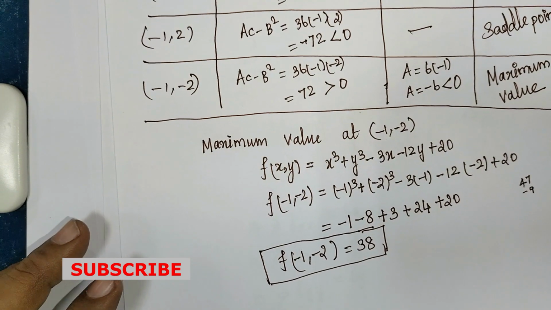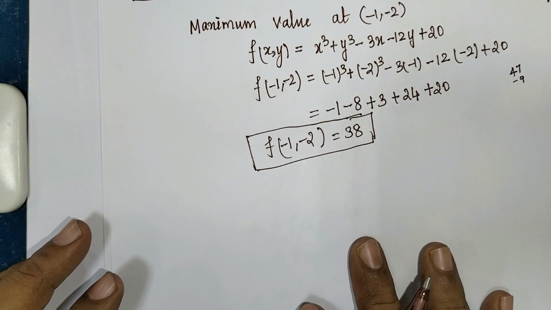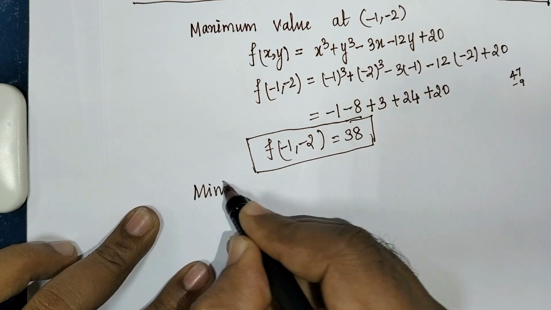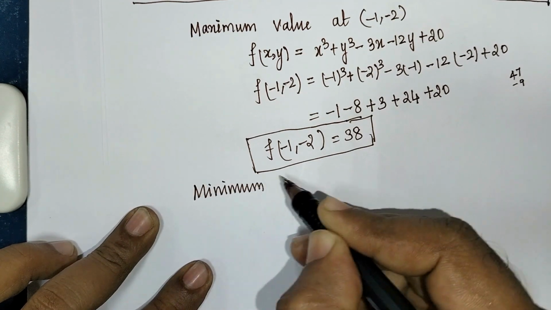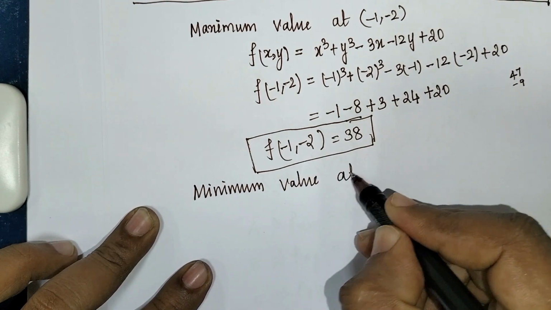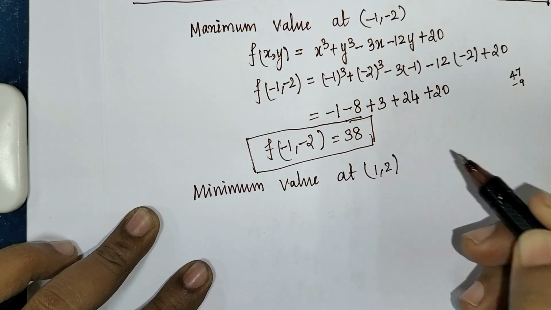In a similar way we have to find the minimum value. Very simple, the minimum value at the point (1, 2).